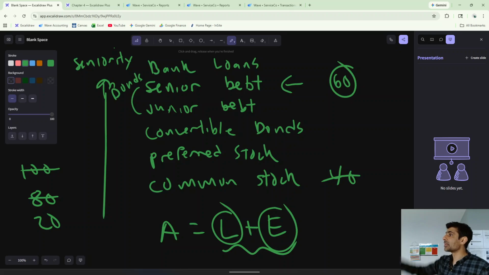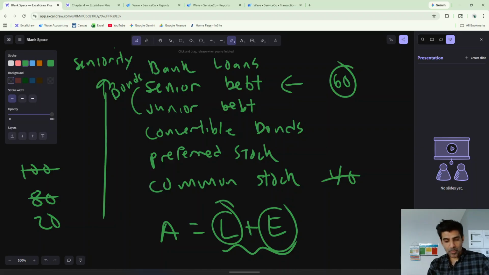Some businesses will list their most senior debt first and then decrease it. A financial business like a bank is going to have more types of debt, so they'll typically do that. But Microsoft probably has just senior debt, senior bonds. They probably have very little liability.